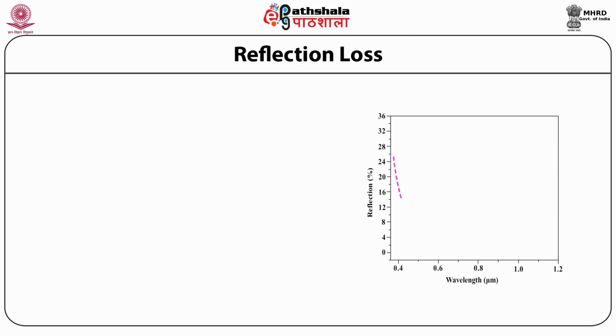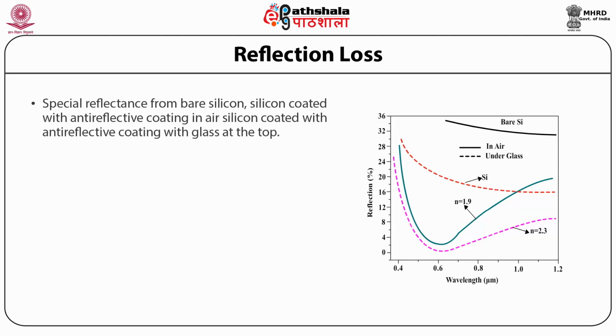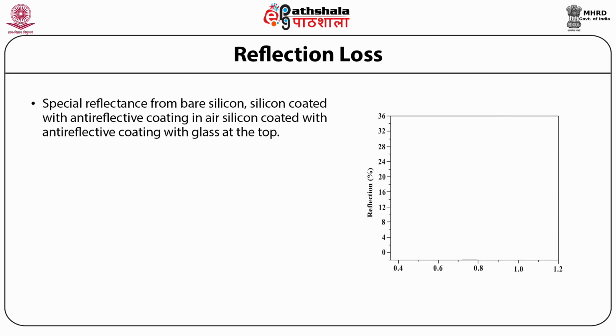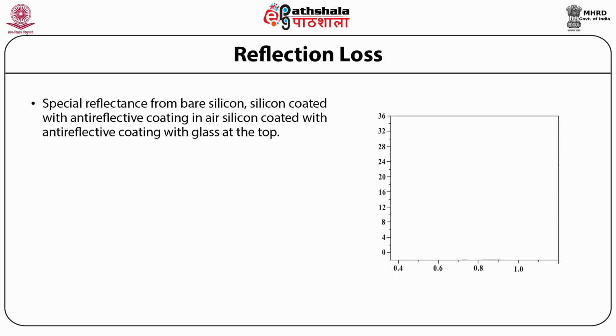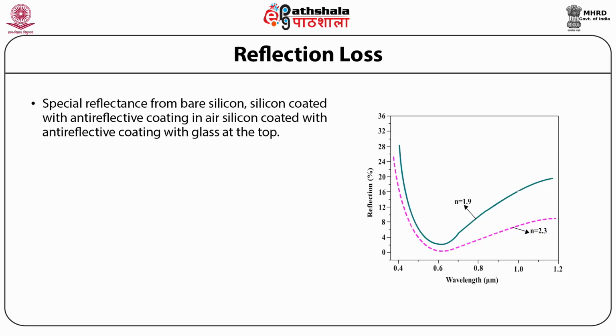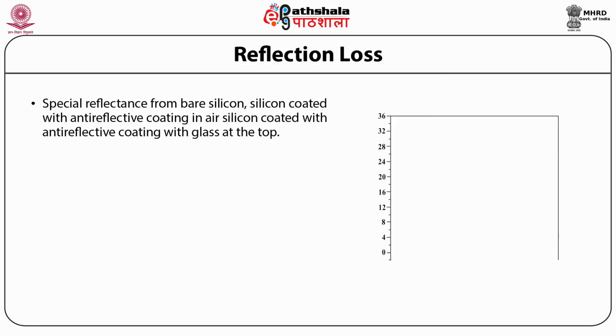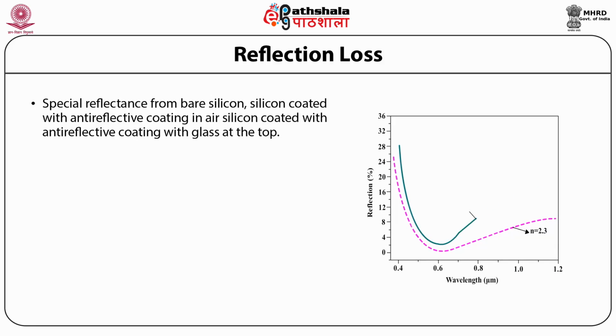Reflection loss. This graph shows the spectral reflectance from the bare silicon, the silicon coated with the anti-reflective coating in air, and the silicon coated with anti-reflective coating with glass at the top.